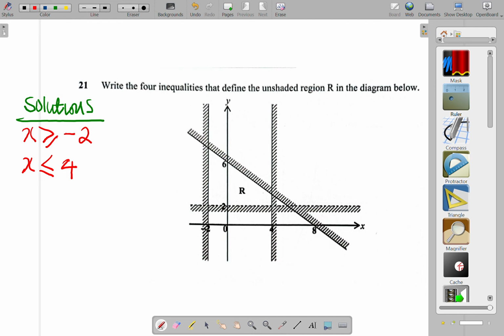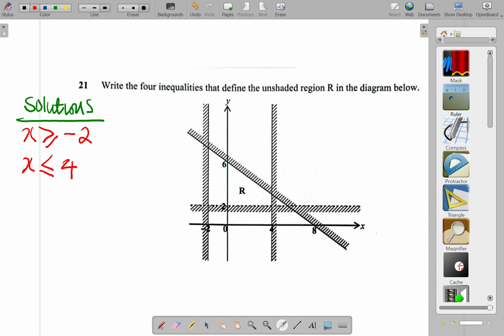Your third inequality is this one here. Look at this line. If you are observant, this is 2. Now, which side of this line, y is equal to 2, is the clear region R found?